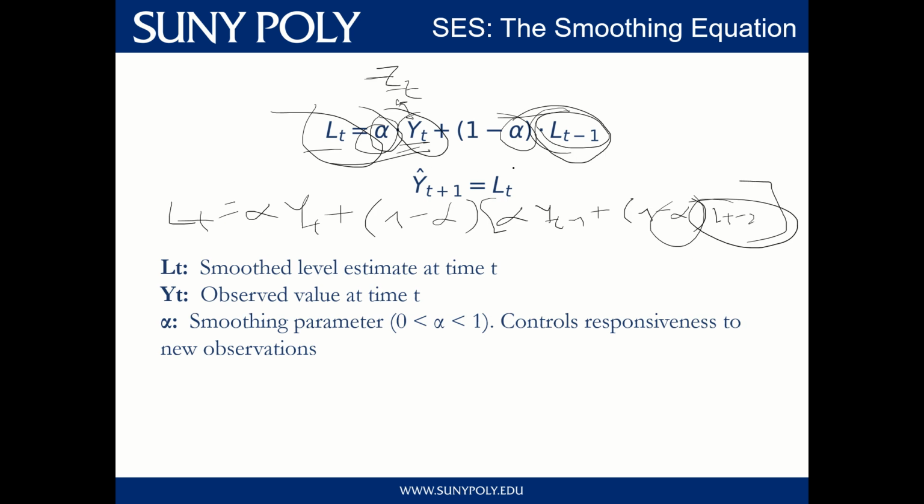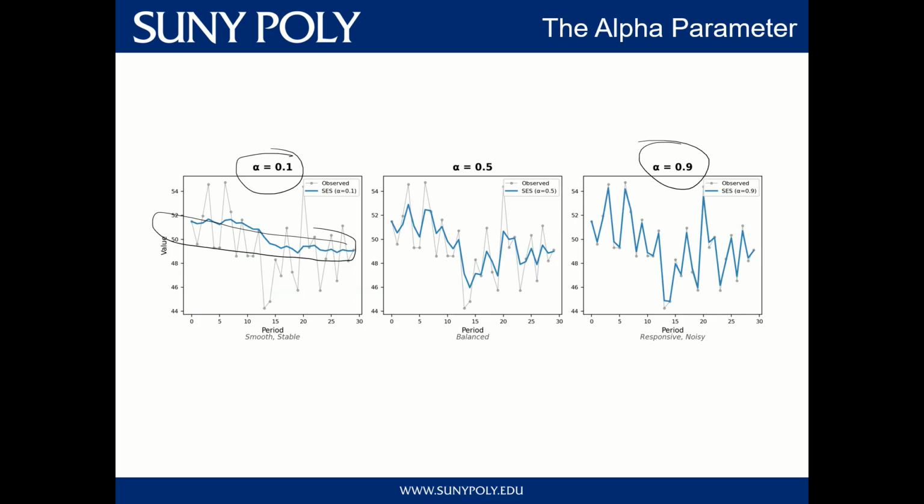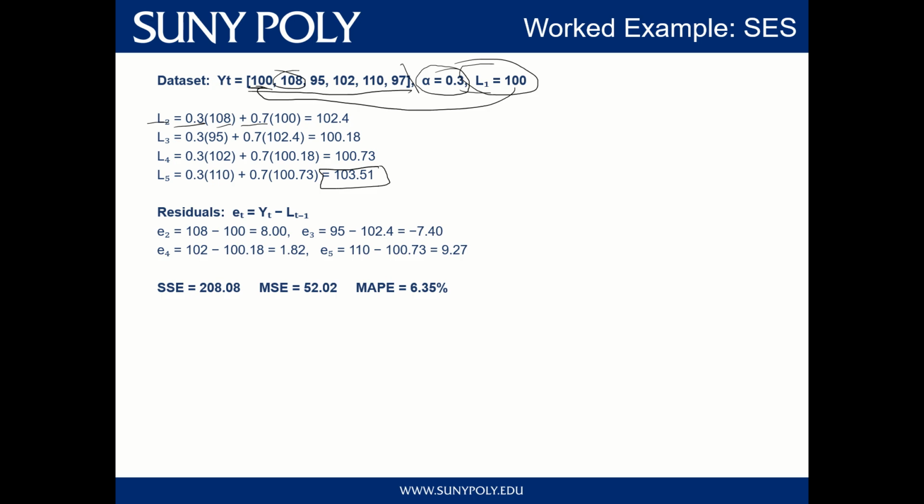So this is the equation for future values. The prediction is just the last level that you found. Remember, in the simple exponential smoothing, we assume that the time series is constant. Therefore, the prediction is going to be a constant value.